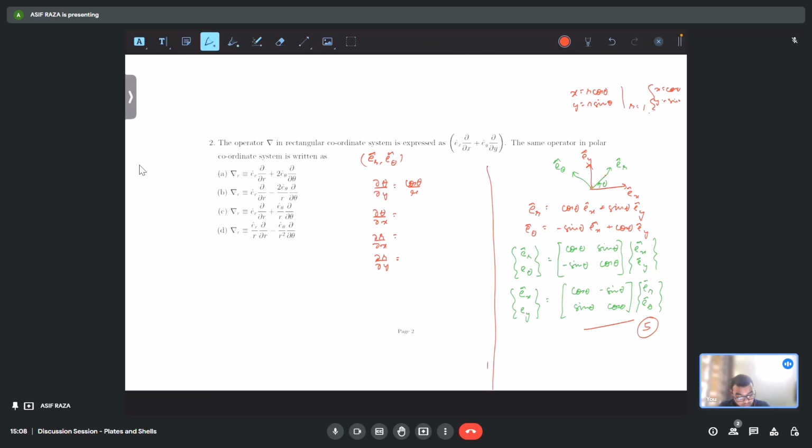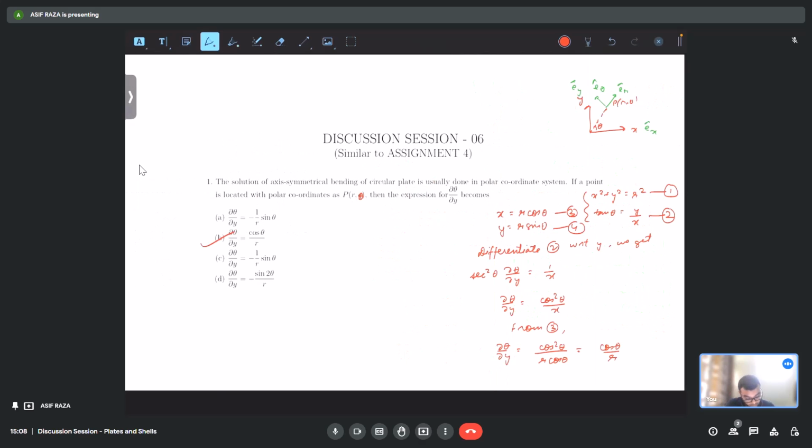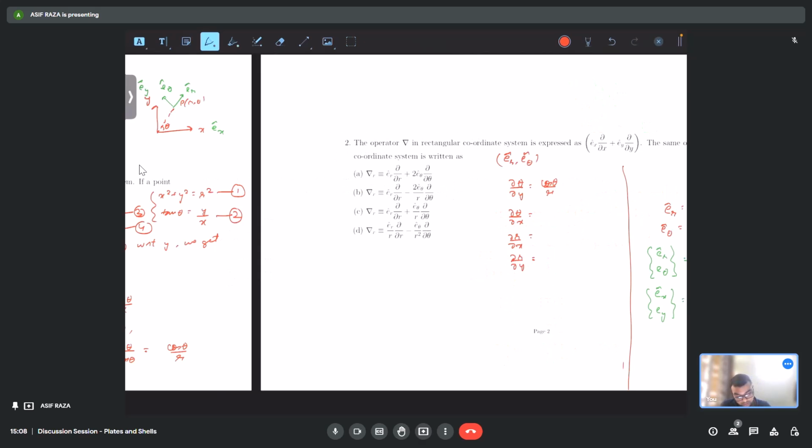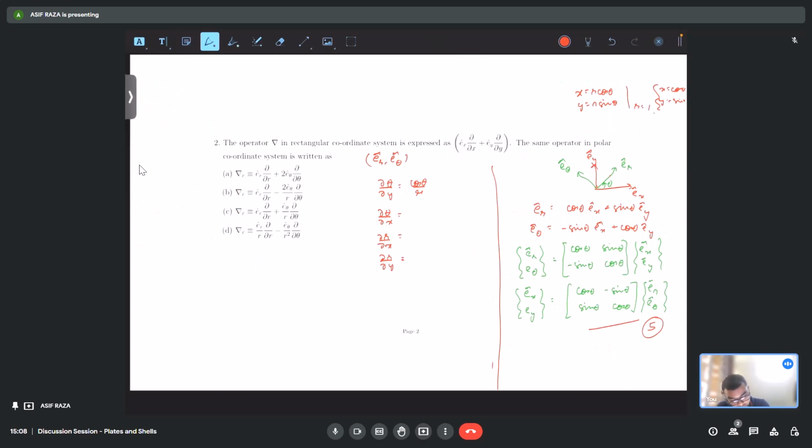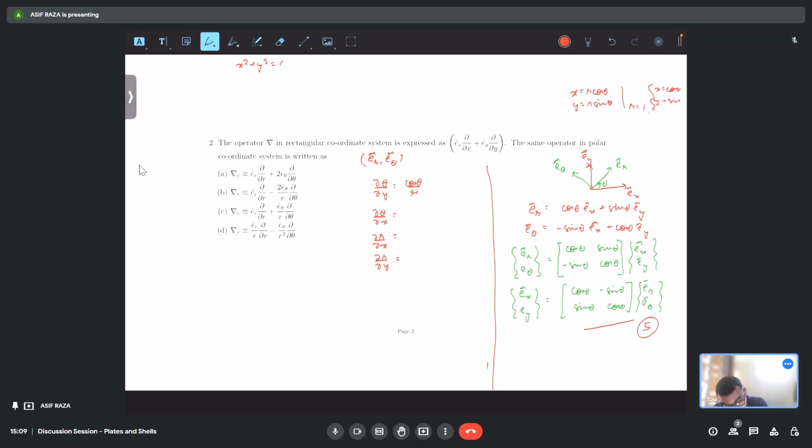So if we solve this, del theta by del x, we'll find minus, here we'll get minus y by x. If you want to solve this, we have x square plus y square equal to r square and tan theta equal to y by x. So we got del theta by del y as cos theta by r.